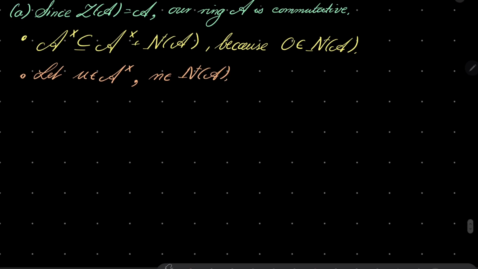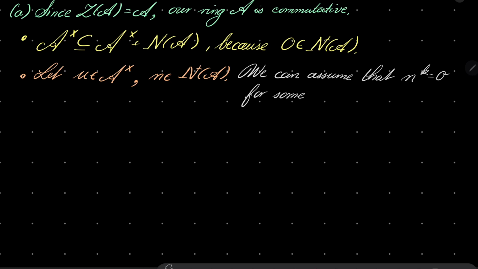Well, since n is nilpotent, we can assume that n to the power of k equals 0 for some odd positive integer k. Well, why is that? Because if n to the power of k is 0, then n to any higher power is 0 as well. So we can choose an odd exponent.